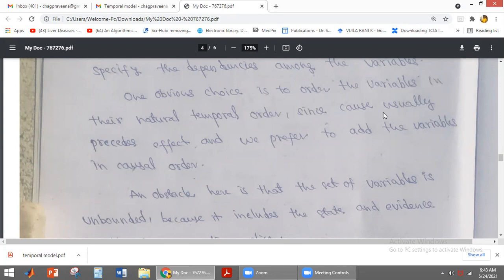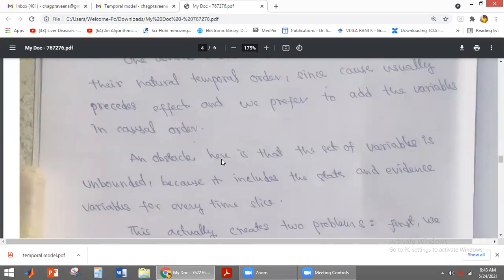That means the main variable that is giving the cause should be considered first, then the variables affected by it will be considered next. So we have to add the variables in causal order, and whenever we add variables, we take the causal order only.